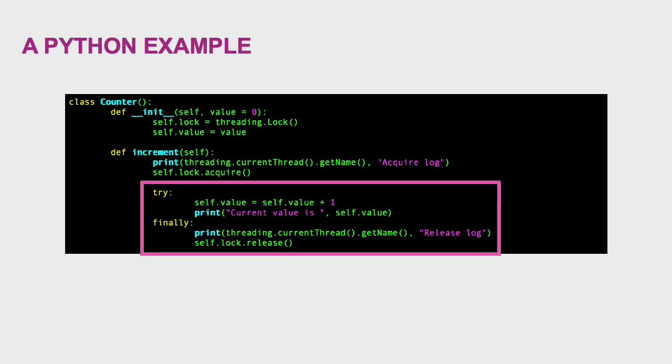You can basically acquire the lock and then attempt to catch exceptions, and don't forget to release the lock. To avoid problems in case of exception, the lock release logic should be within the finally clause. That's very important. So please follow this pattern.